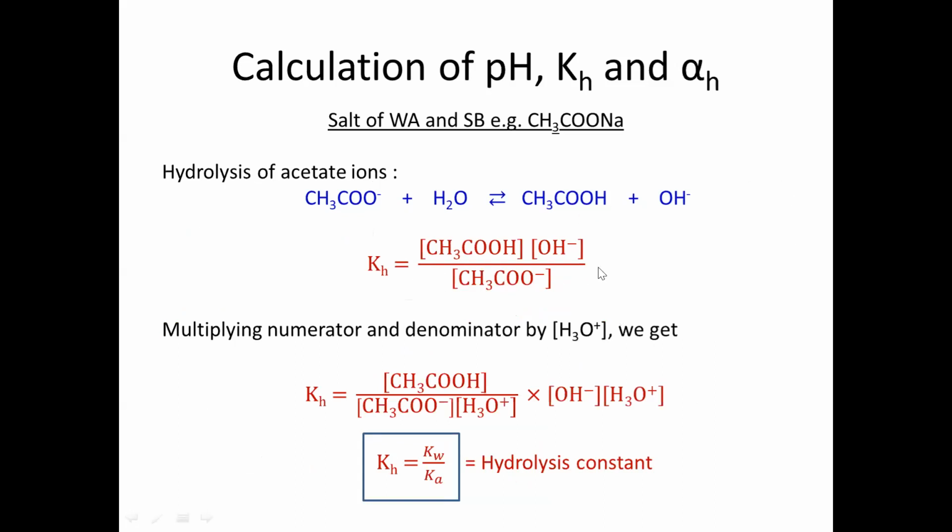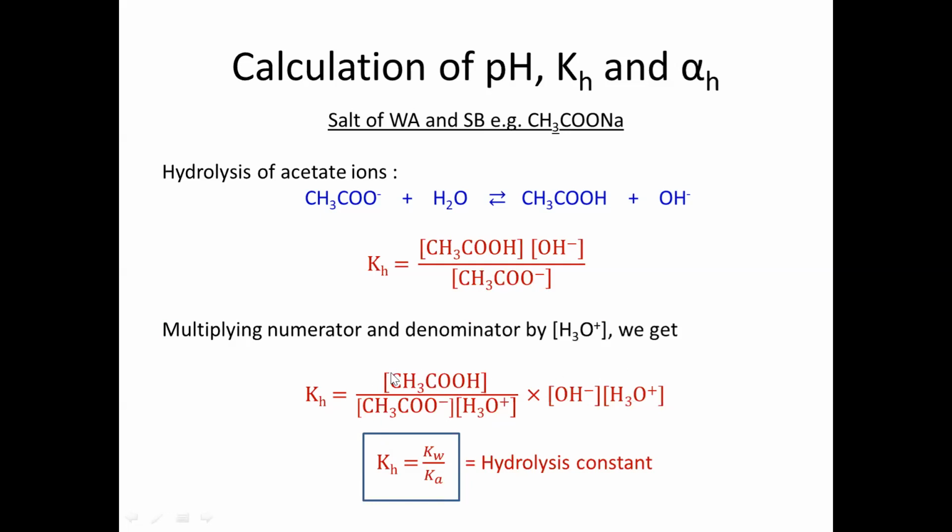Now from this expression, we have Kh as the product of the concentration of the products upon the concentration of the reactants. Here, if we divide both the numerator and denominator by H plus ions, we see that we have got an expression of the ionic product of water as well as the ionization constant of acetic acid. The product of OH minus into H3O plus can be written as Kw.